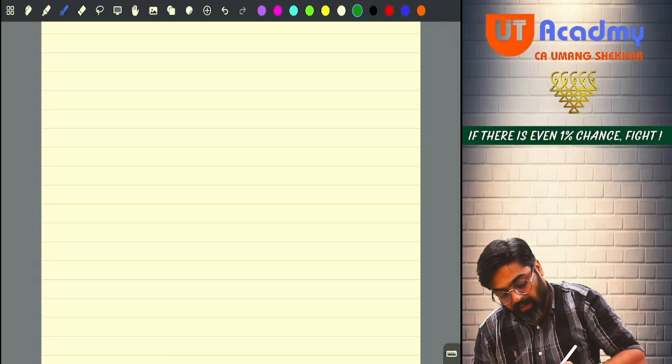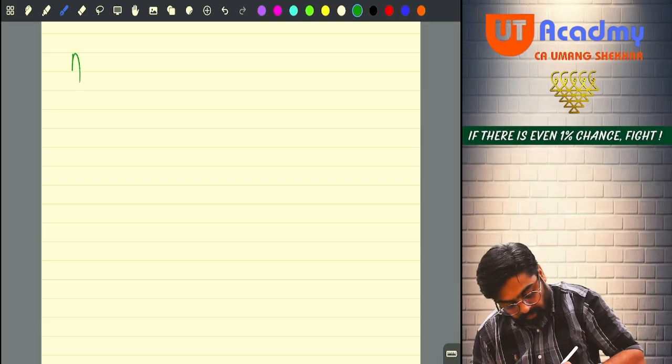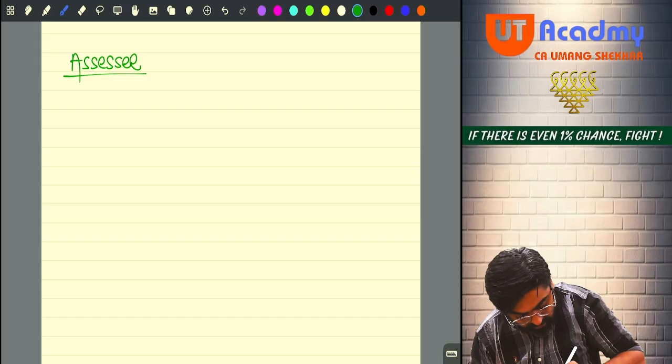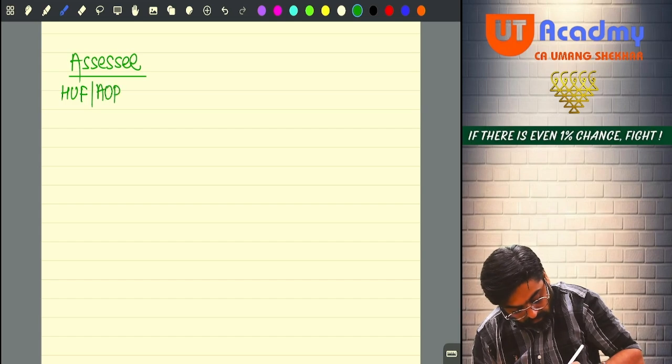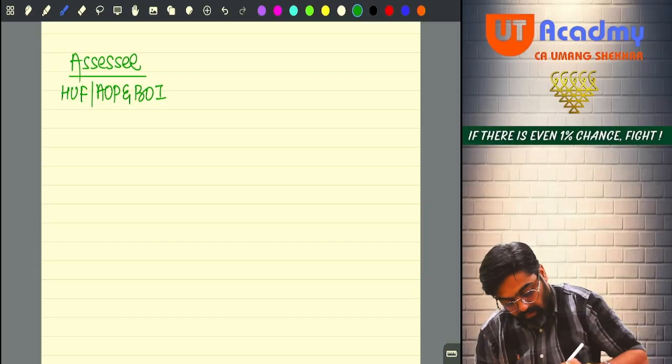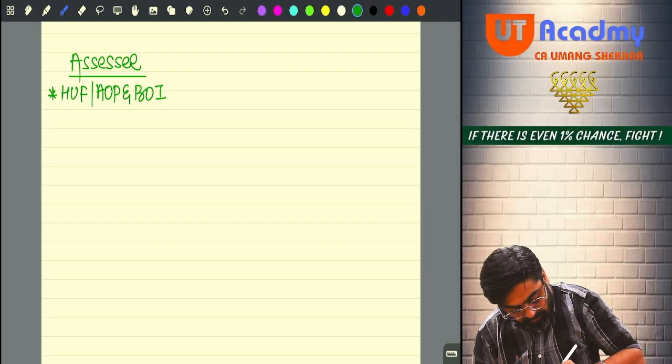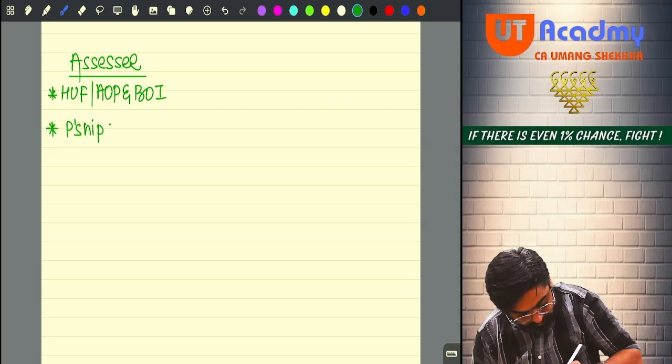Now see, in the next case, the assessee is either an HUF, AOP or BOI, or the assessee can be a partnership firm, or the assessee can be a company also.